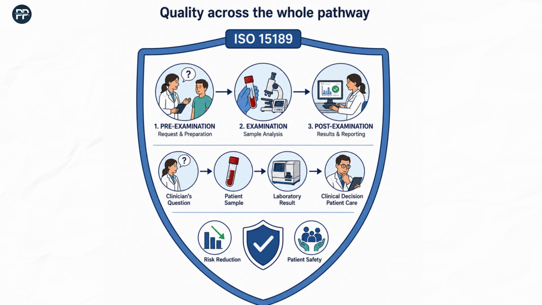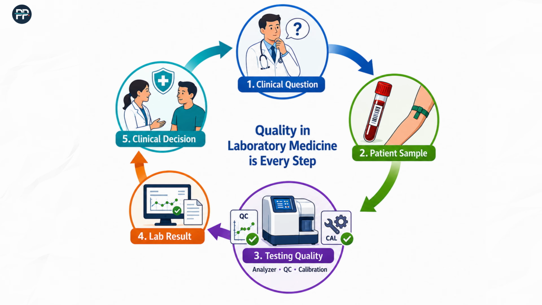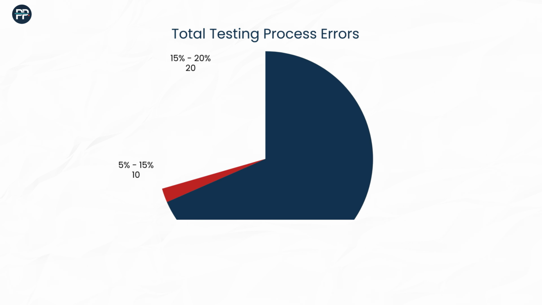This is why standards such as ISO 15189 focus not only on the examination or analytical phase, but also on the pre-analytical and post-analytical processes. The goal is to reduce risk at every stage where an error could affect the patient. So, when we talk about quality in laboratory medicine, we are not only talking about analyzer precision, quality control, and calibration. We are talking about the entire journey of the test.